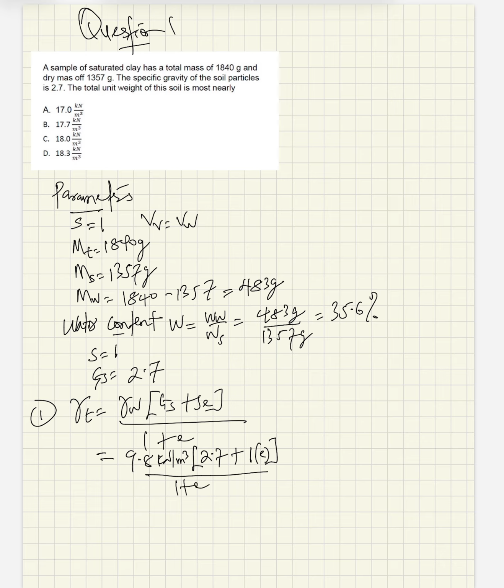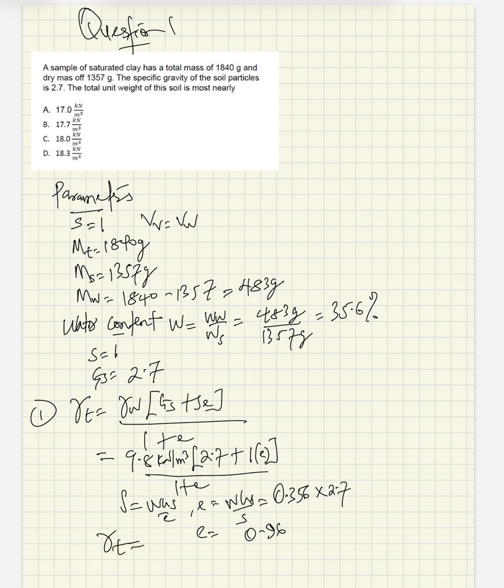e is the void ratio, and we know that S e equals w Gs. So e equals w Gs over S, which is 0.356 times 2.7, so the void ratio is equal to 0.96.